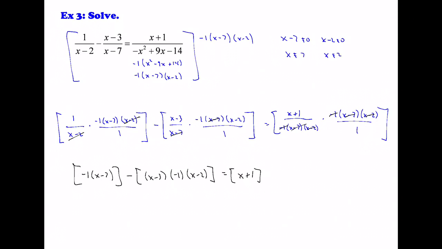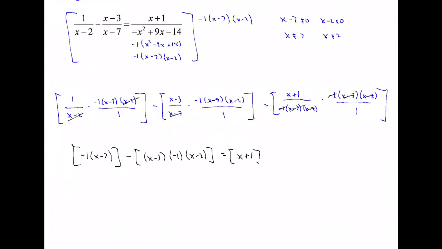Alright, at this point, you just got to simplify. We'll distribute the negative 1, so that's negative x plus 7. Minus, now before I distribute that negative, I want to simplify everything inside here. So it'll be negative 1 times, I'm going to take the x minus 3 times the x minus 2, so that'd be x squared minus 5x plus 6.